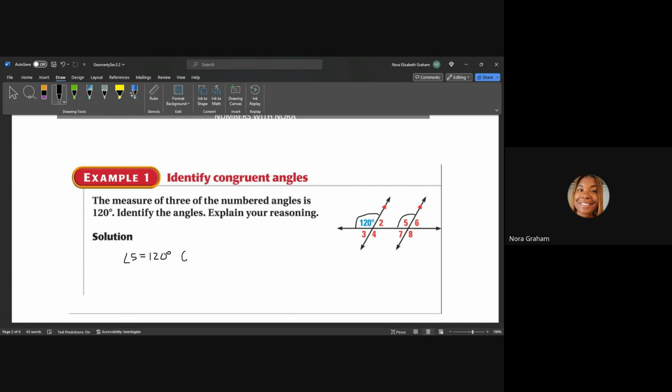And by that, corresponding angles postulate, and I'll just put the abbreviation, corresponding angles postulate. I'll just put POS for postulate.